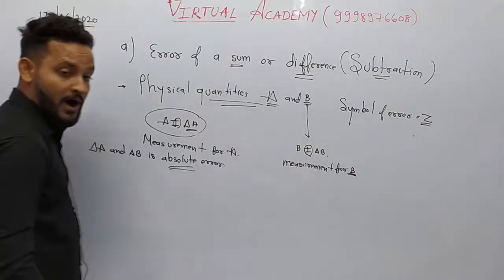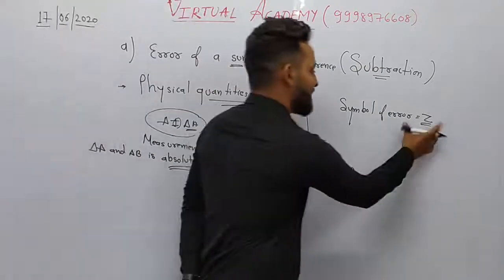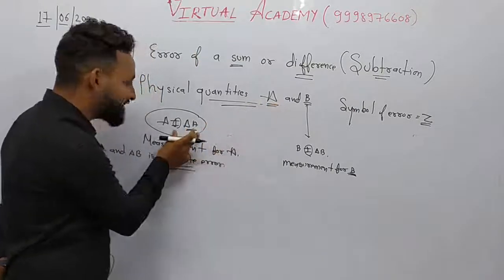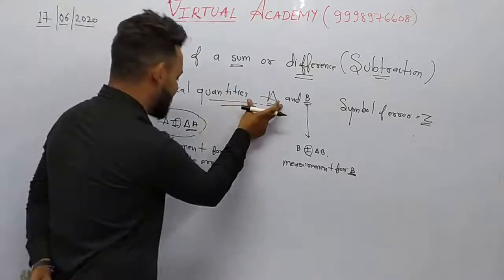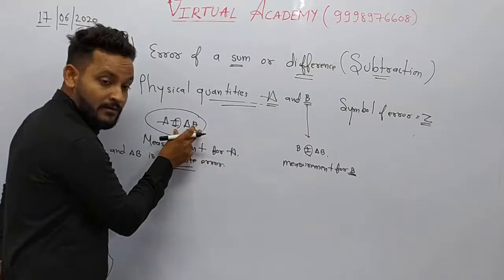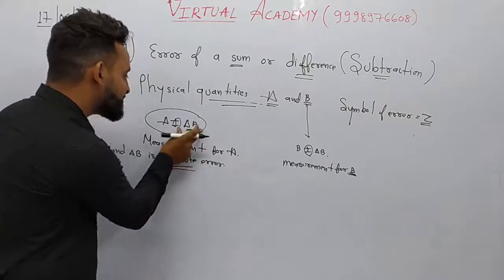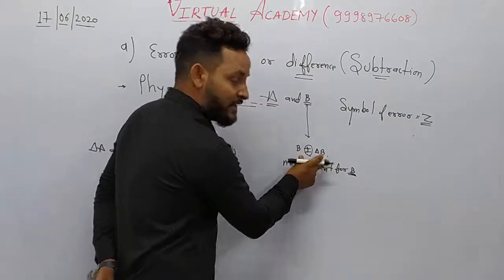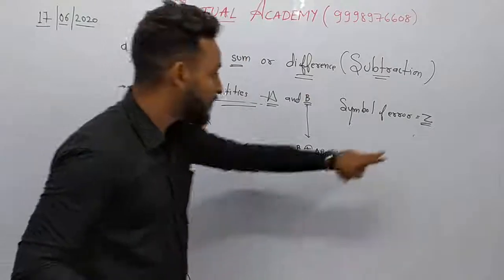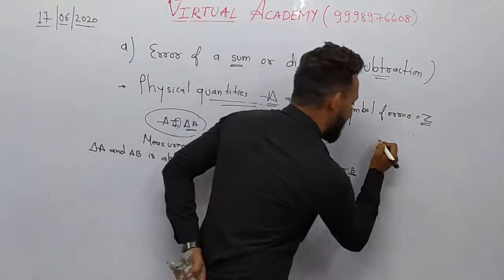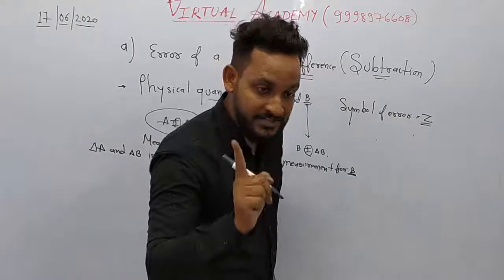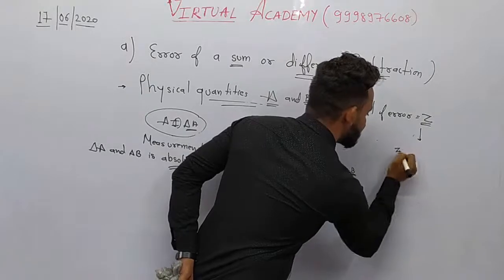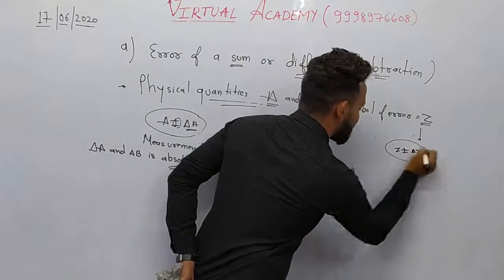Clear? Now how to add error in terms of Z? If there is a physical quantity A and there is error in the measurement of A, we are adding the absolute error, that is plus minus delta A. In terms of B, we are adding plus minus delta B. Same as it is for Z. So for Z, it is Z plus minus delta Z. Clear?